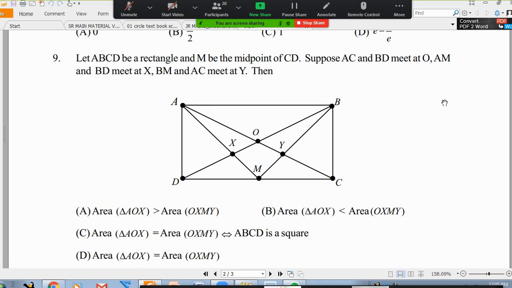This is a rectangle. These are the coordinates.